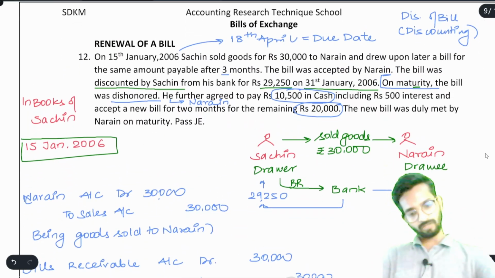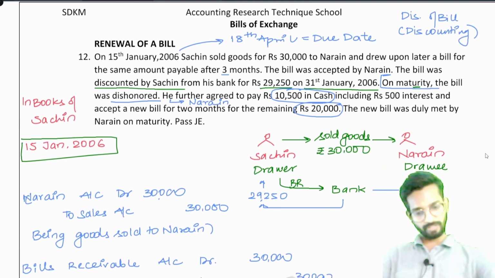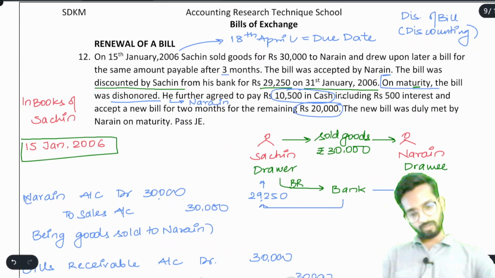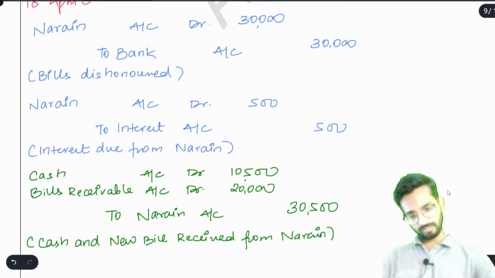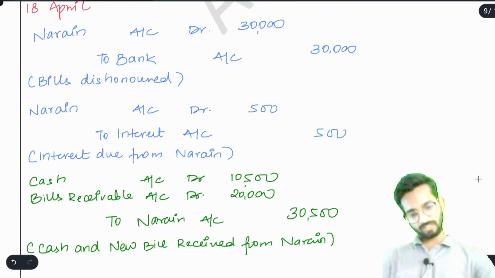The new bill was duly met by Narayan on maturity. On 18th April, the bill was dishonored and the new bill was given. So from 18th April, again 2 months. This happened on 18th April. All three things happened on 18th April: the bill was dishonored, we had to receive interest from Narayan, and he gave us a new bill and some cash.